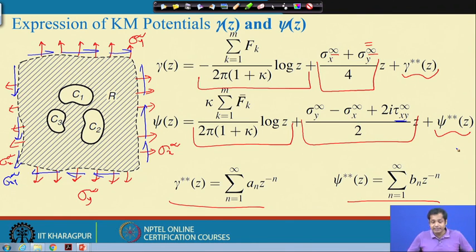Now, once we have the general expression of gamma z and psi z, it does not mean that we have to take the entire expression, because it is essentially an infinite series. We have to take a finite number of terms depending on the equations, the boundary conditions specified, and the information that we have about the problem. Okay.